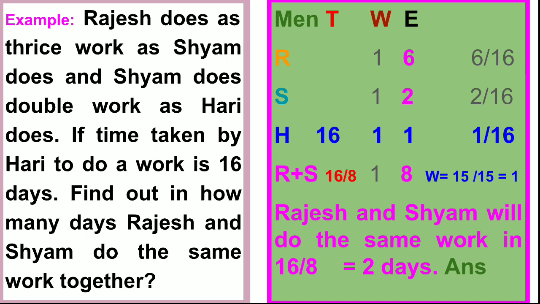So 16 is everywhere omitted because in the denominator available in the efficiencies and work is 16 only. So total work units is 16, and based on that, total work units divided by their efficiency means 16 divided by 8 equal to 2 days is the time taken by Rajesh and Shyam to do the same work.